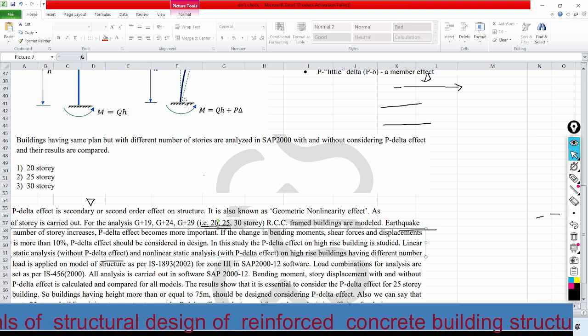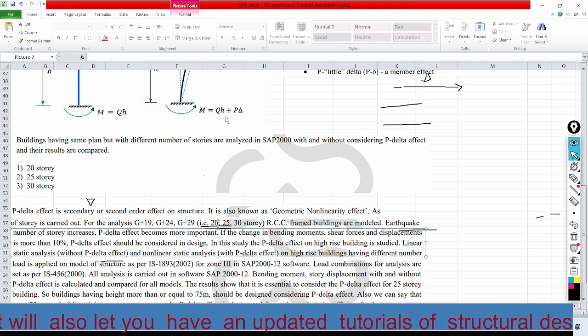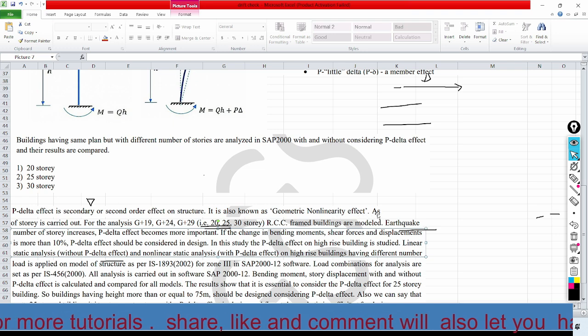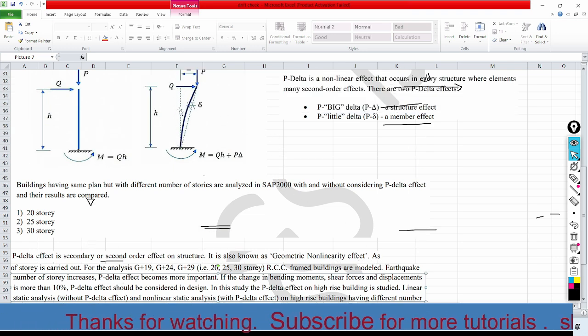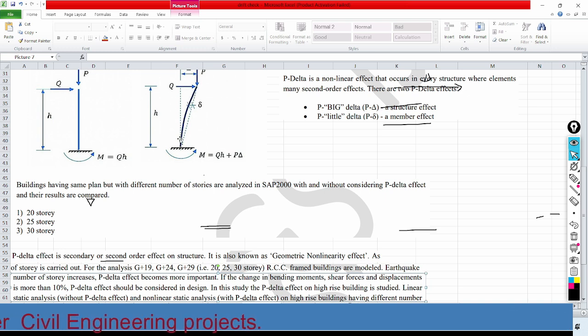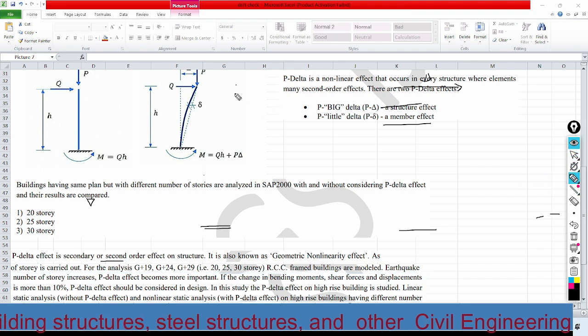maximum displacement. Here the P delta effect is a secondary or second order effect on a structure. That means, as I have already elaborated before, it is a second order effect on structure. It is also known as geometric nonlinearity. That means the geometry of the structure is changed from vertical to nonlinear.